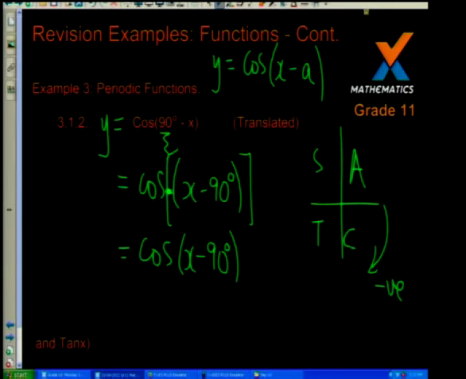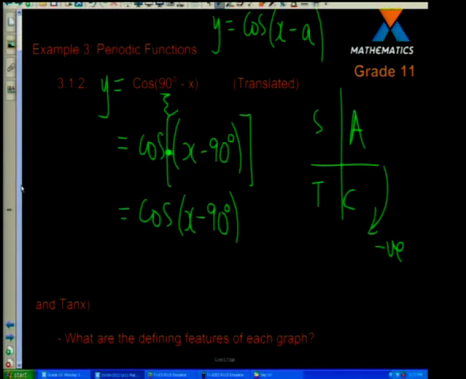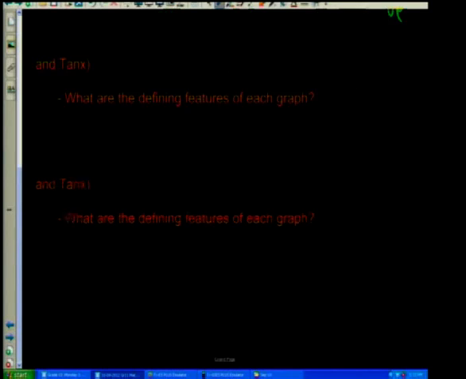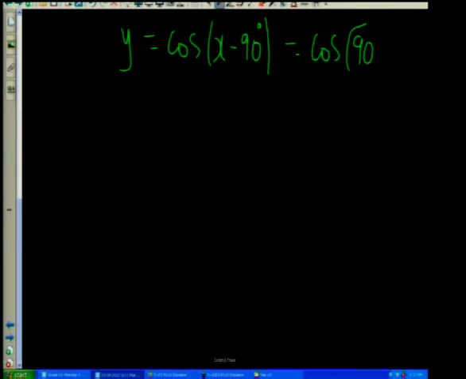So that angle becomes positive. I will need more space here, there is a lot of writing. We said y is equal to cos of x minus 90, and it is the same as cos of 90 minus x.